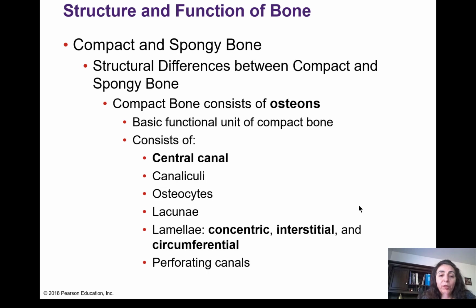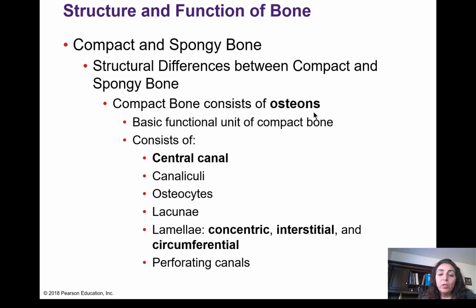So I will explain here and then we see the pictures. For the structural difference between compact and spongy bone: compact bone consists of the osteons, as I showed you, another name for which is Haversian system, those round structures that are layer by layer around the central canal.